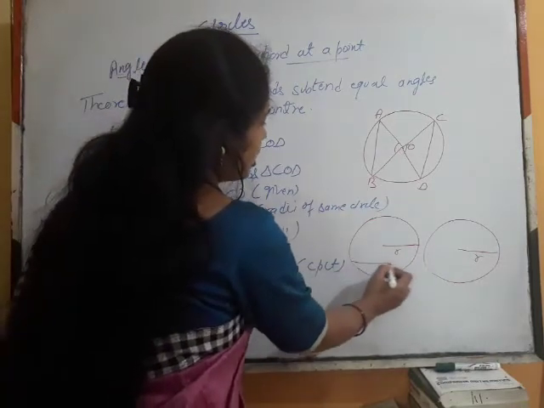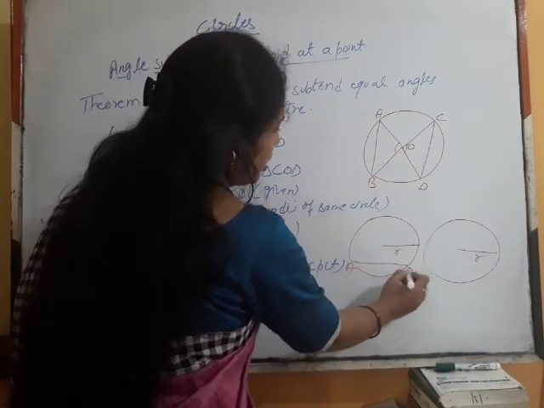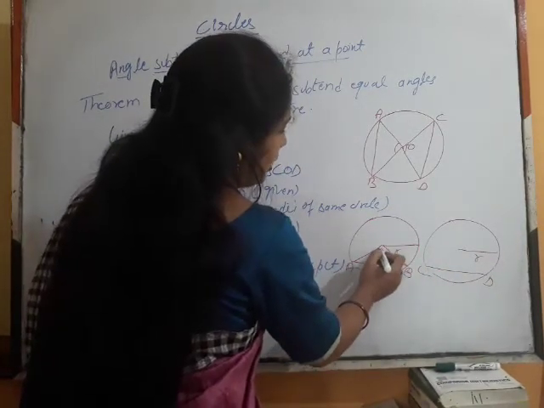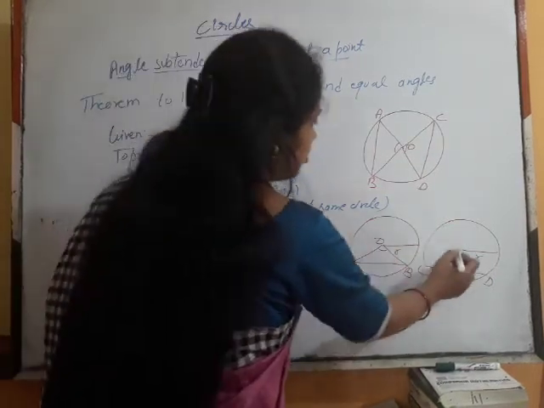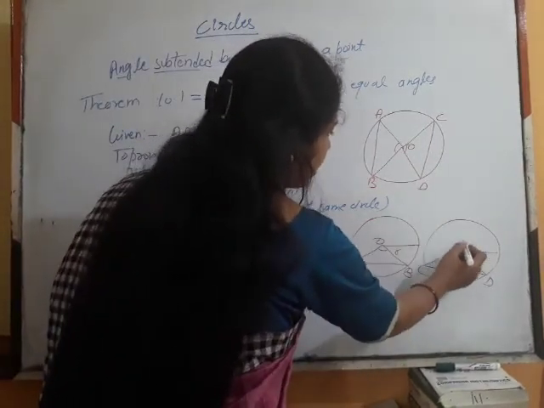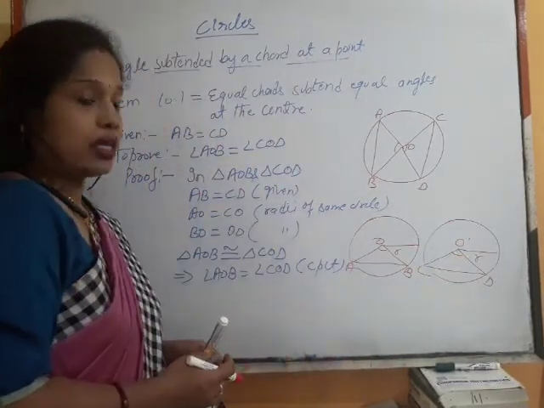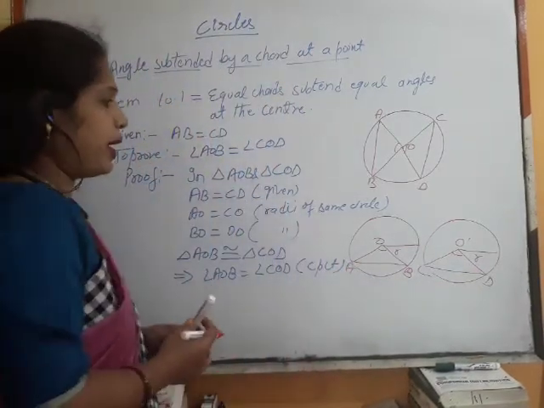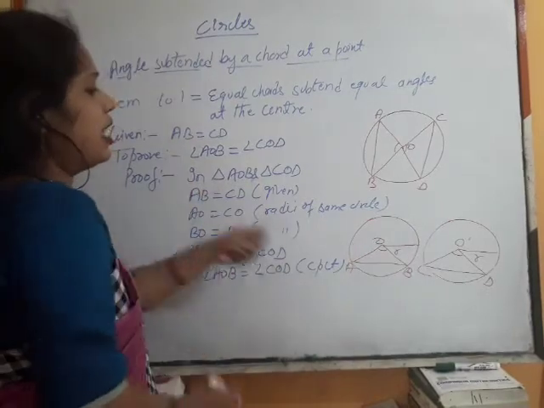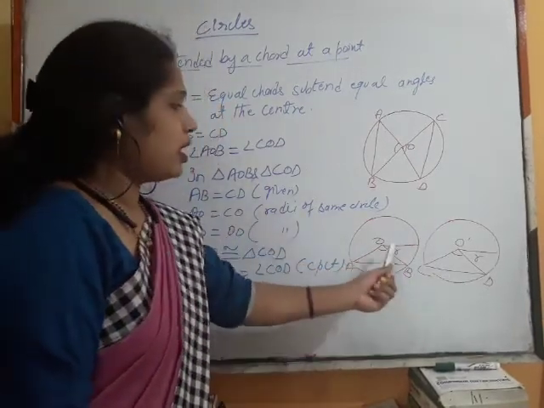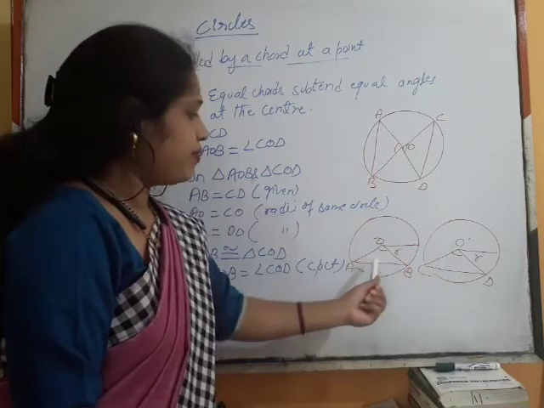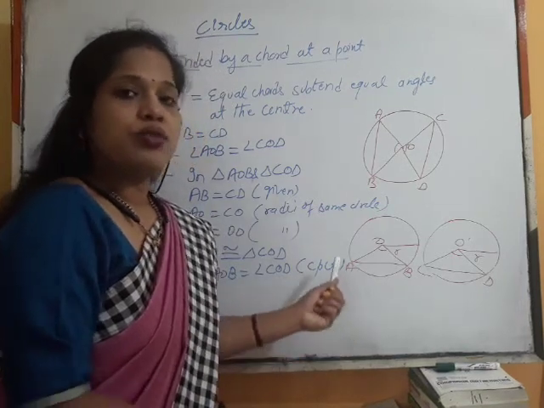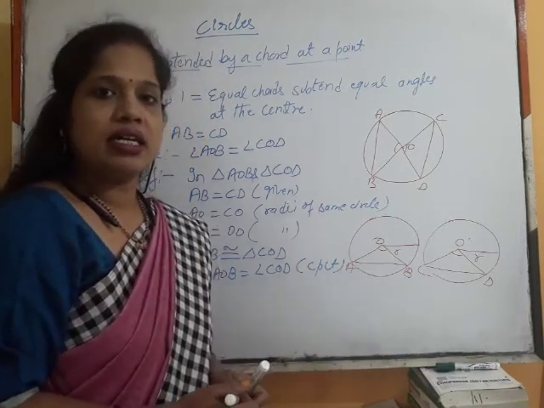Okay, and if we take a chord AB and CD, and they are subtending angle at the center O, and CD is also subtending angle at the center O dash, so angle AOB will be equal to angle CO dash D. Why? Because the two circles are congruent, the radii are the same, and if the two chords of the two congruent circles are equal, they will definitely subtend equal angles at the center.